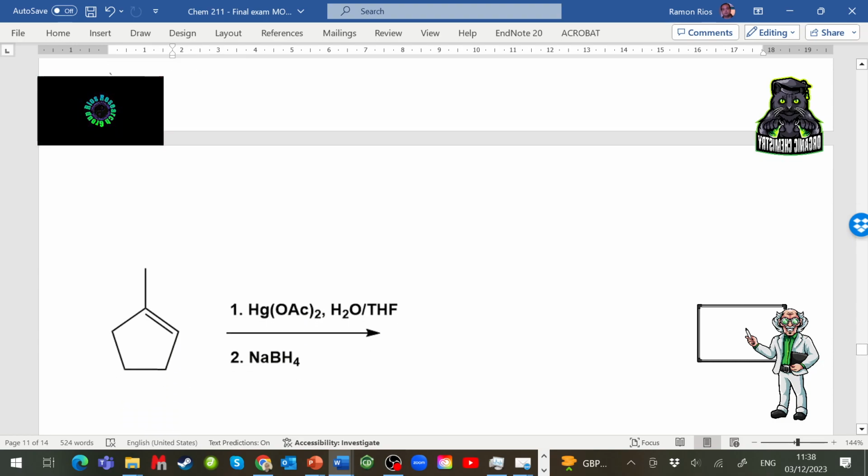Okay, then we have an addition reaction. Basically, we have a double bond, and we react with mercuric acetate. First step, remember, is the formation of the mercurinium, the three-membered ring with the mercury.